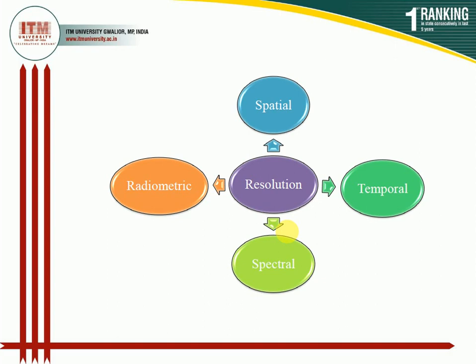Temporal resolution tells about the time between two seasons, or it helps in the image acquisition over the same area but at different times. It depends upon the instrument, the field of vision, and the satellite orbit. The time factor in imaging is very important, but when is it important?